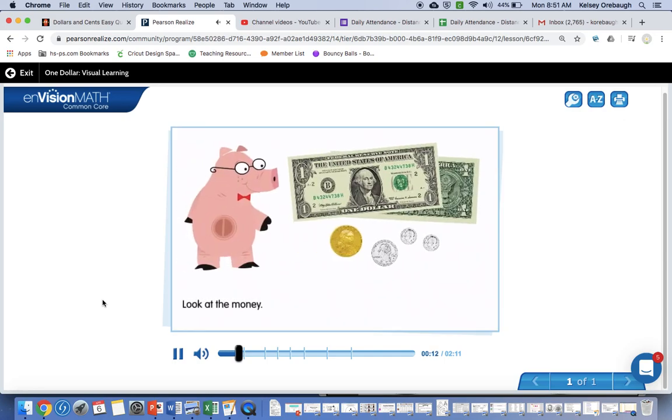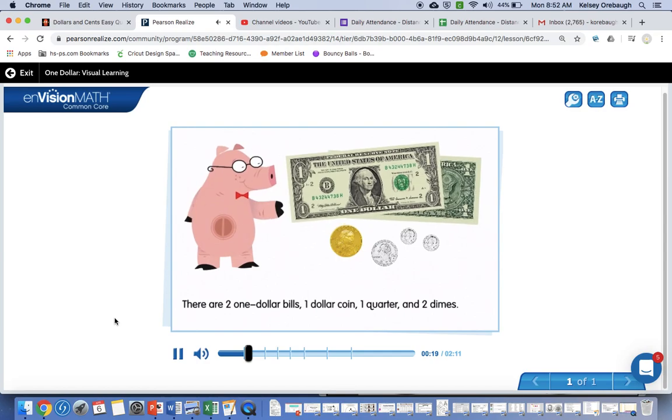Look at the money. What money is shown here? We see dollar bills, a dollar coin, a quarter, and dimes. There are 2 $1 bills, 1 $1 coin, 1 quarter, and 2 dimes.